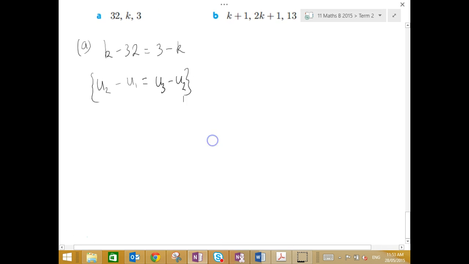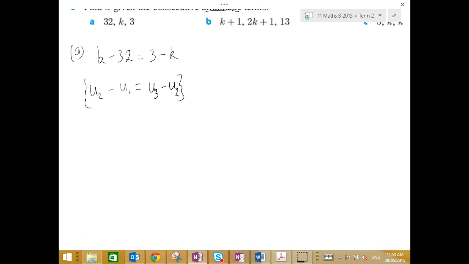Let's just go back to what we were doing. So I'm going to add k to each side. So I've got 2k take 32 equals 3. I'm going to add the 32 to each side. 2k equals 35. Divide by 2, k equals 35 over 2. Or 17.5, if you like ugly numbers.